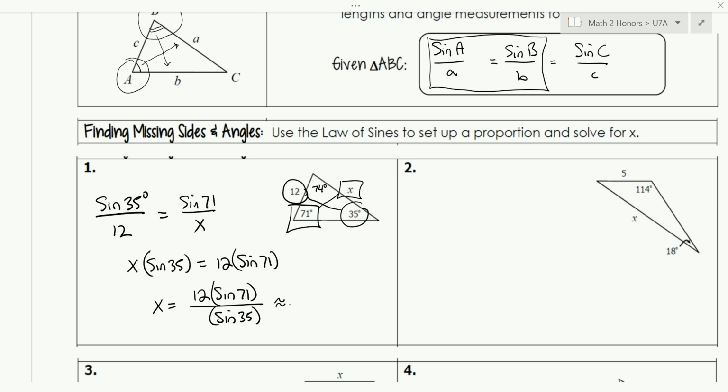So there's two different types of calculators here. There's a calculator where you can see what you're entering in. This one's not going to feel too bad for you. You should get 19.8.